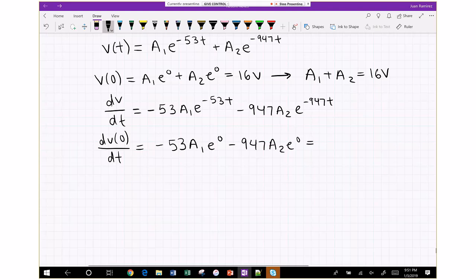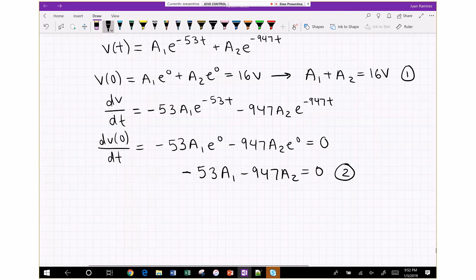And that's equal to 0 because of the initial condition that we calculated earlier. Therefore, we're left with negative 53A1 minus 947A2 equal to 0. Now we have two equations and two unknowns.